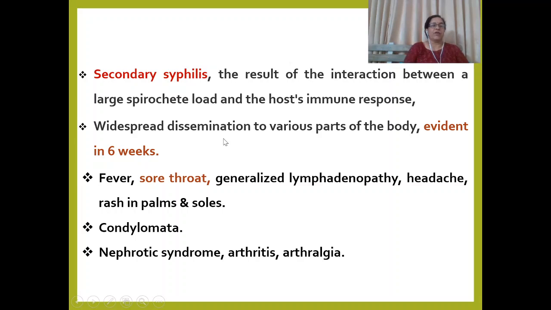And now, if there is any progress in primary syphilis, one can see secondary syphilis in the patient. The result of the interaction between large spirochete load and the host immune response is this secondary syphilis. There is a widespread dissemination to various parts of the body, and this is most evident in 6 weeks after exposure to the pathogen.